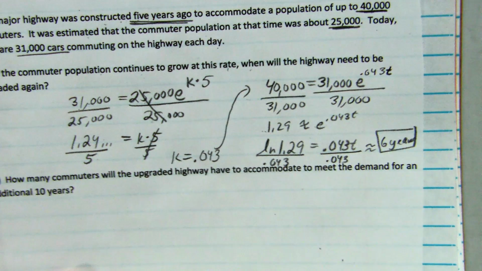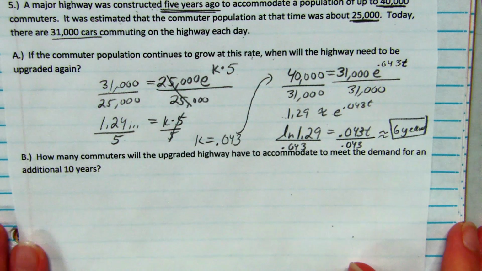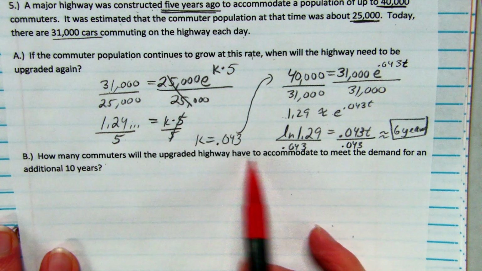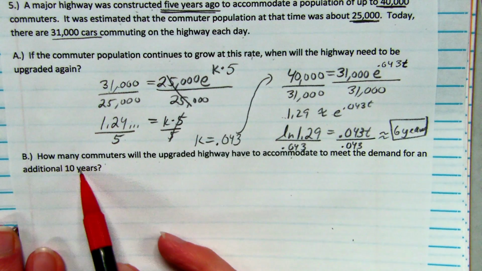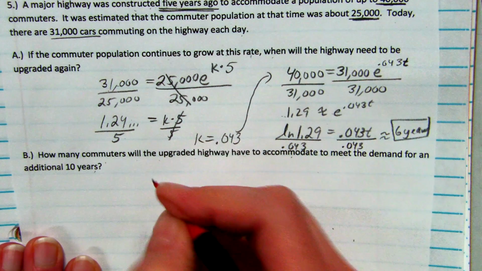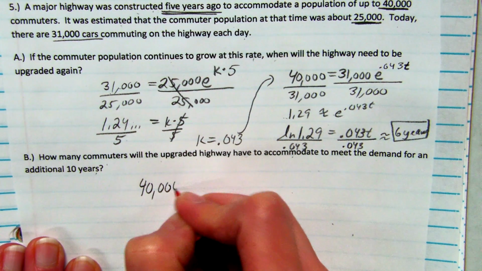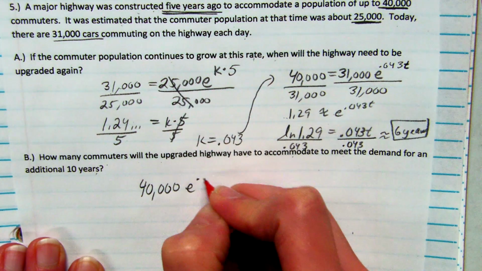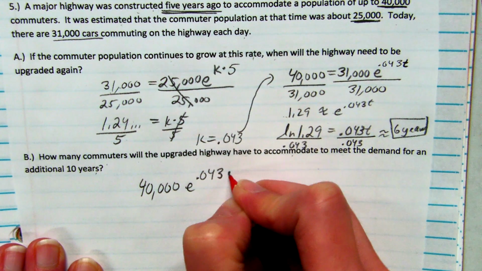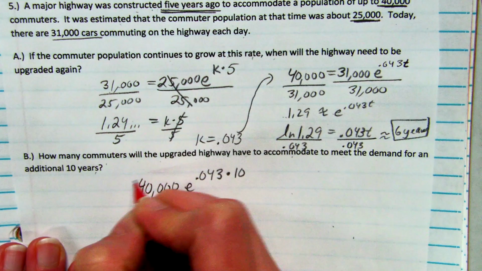And then a similar part B to the last question. How many commuters will the upgraded highway have to accommodate to meet the demand for an additional 10 years? So now we're starting at this ending point. We're up at 40,000, and we know that the constant for the growth is 0.043. And now we're going to figure out how many people we will have in 10 years.